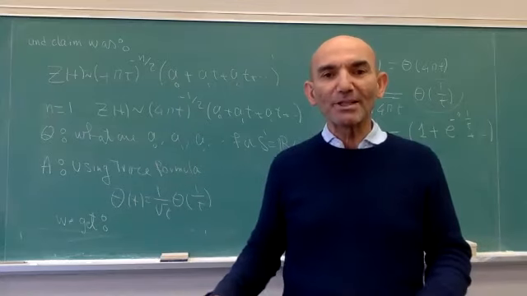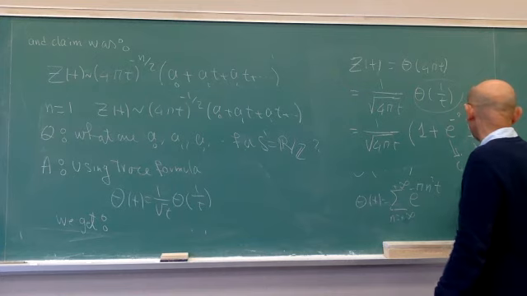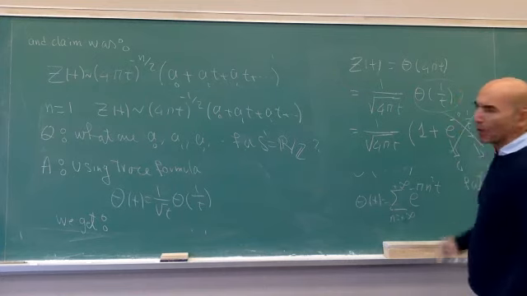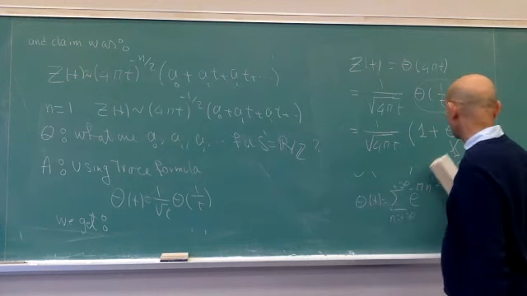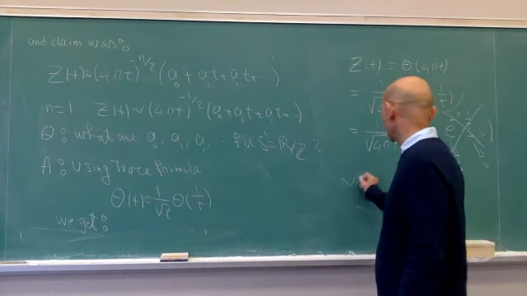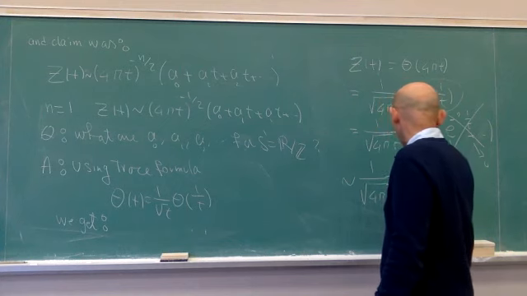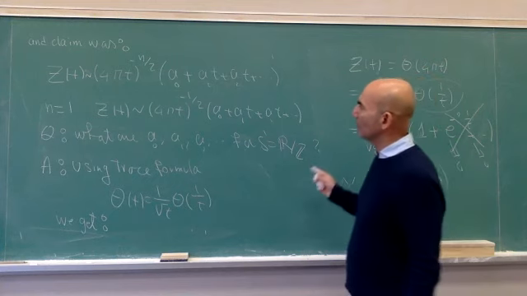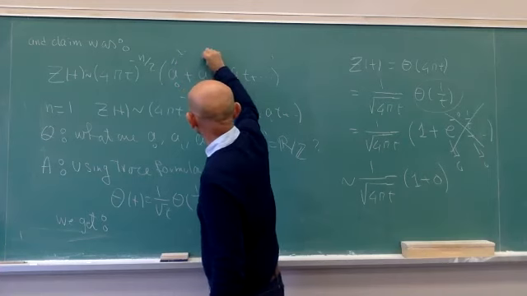This goes to 0 fast, so you can completely neglect this part. Asymptotically then, you're done. This is asymptotic to 1 over square root of 4 pi t times 1 plus 0. In other words, we just discovered that a0 is equal to 1 and a1 is equal to 0.